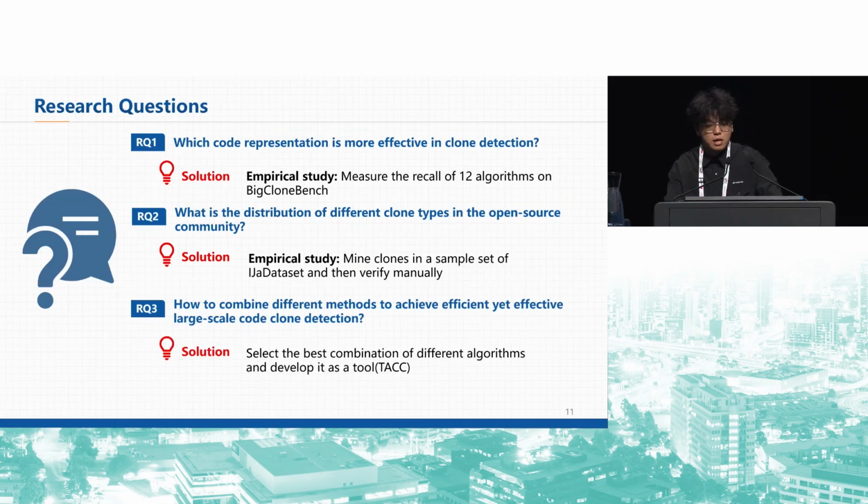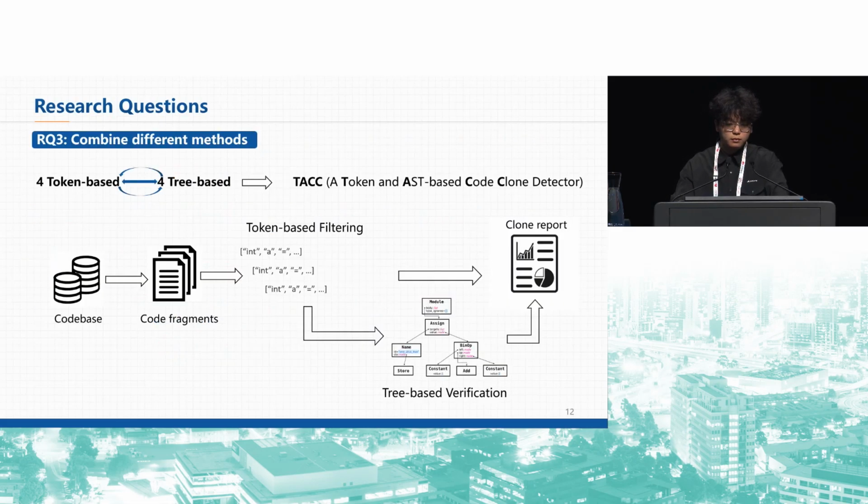Based on the results of RQ1 and RQ2, we select the best combination of different algorithms to answer RQ3, and then develop it as a tool. Since most clones are relatively simple, we choose to give up heavy graph-based algorithms.